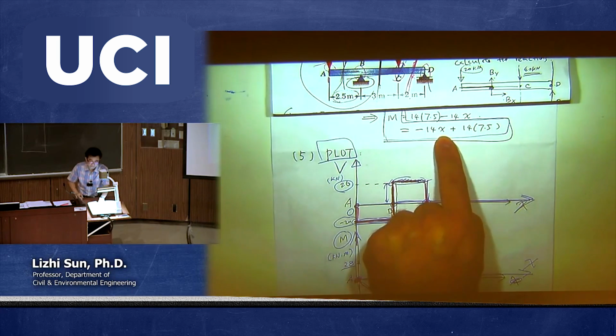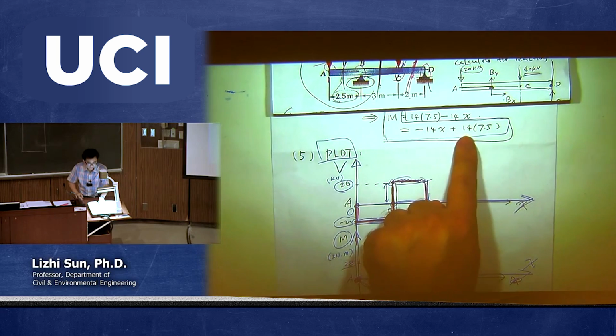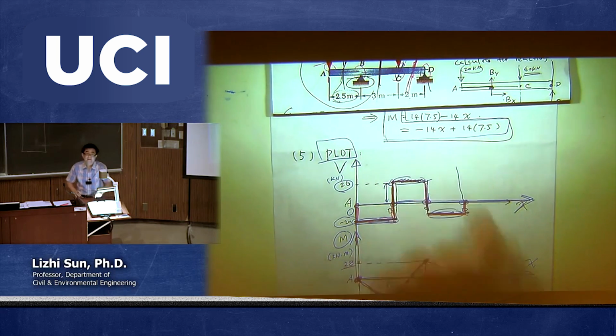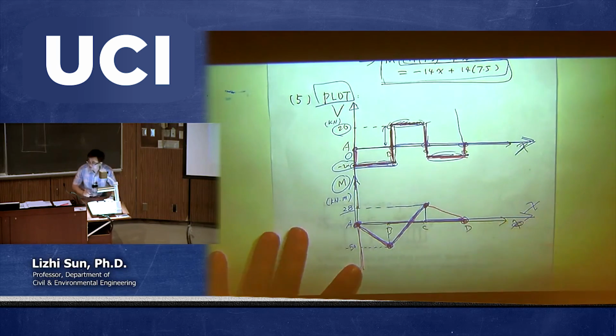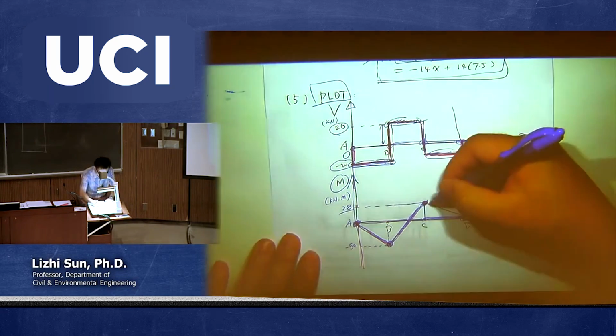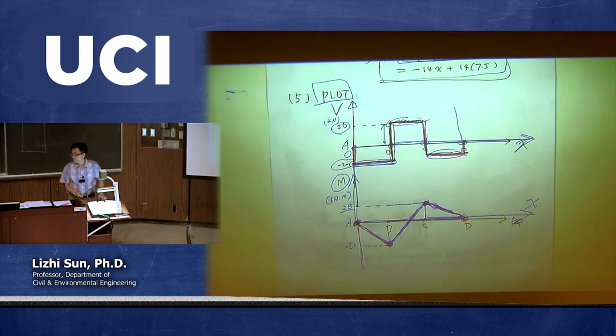Put x equal to 7.5, negative 14 times 7.5 plus 14 times 7.5, that's equal to 0. So then you find another point, which is equal to 0. So then, from these 2 points, you can plot this straight line. Okay? So this is the moment distribution in segment CD.